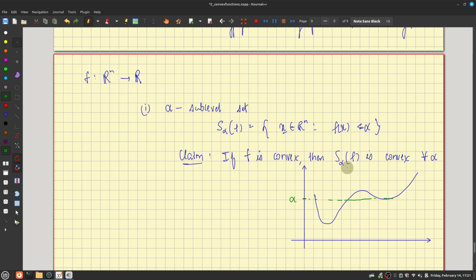So S alpha is basically the set of all values of x such that f of x is less than or equal to alpha. That would correspond to the union of this set and this particular set. So these two put together give me S alpha.